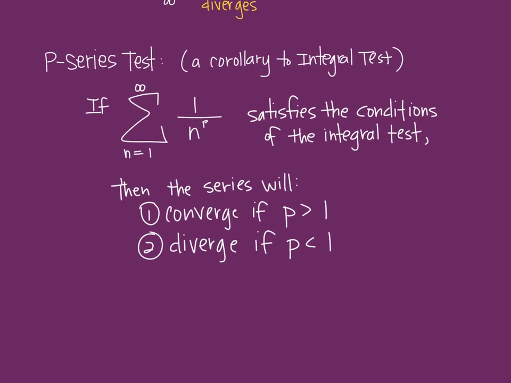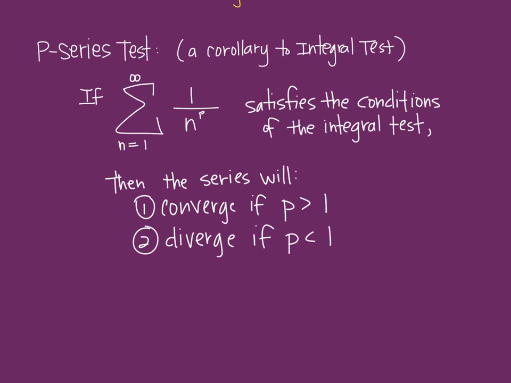Okay, some teachers don't teach this test. They just want their students to do the integral test every single time. Okay, which is fine, it works. It's like they make you do something that would work every single time. Or they don't teach factoring. They just figure the quadratic formula works every time. Why would you learn factoring? Okay.